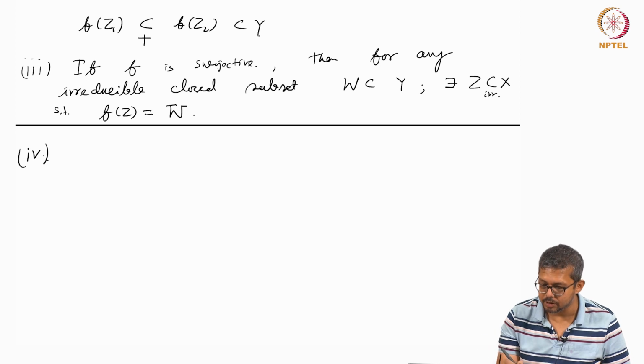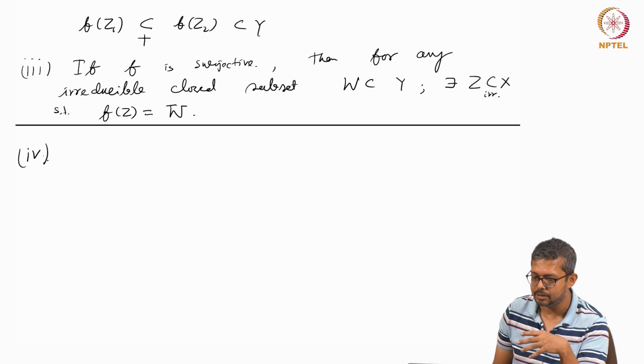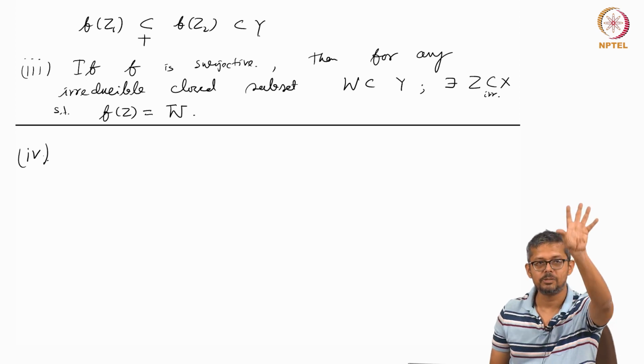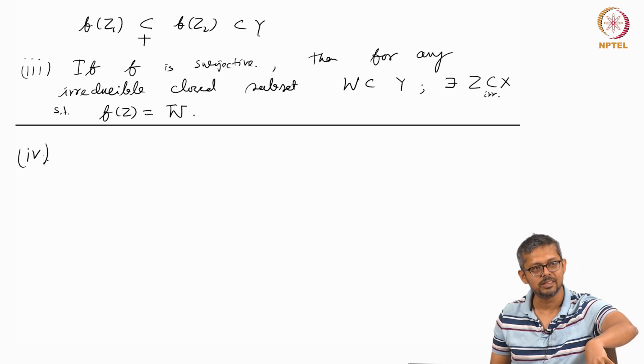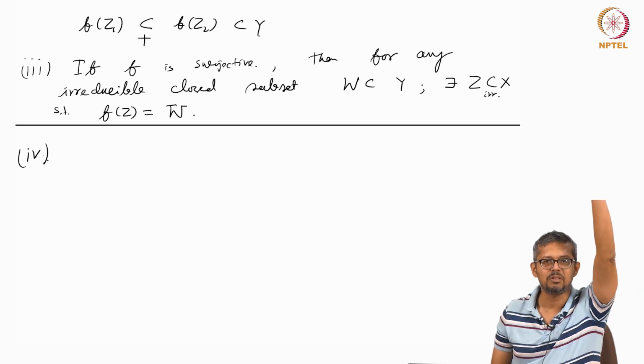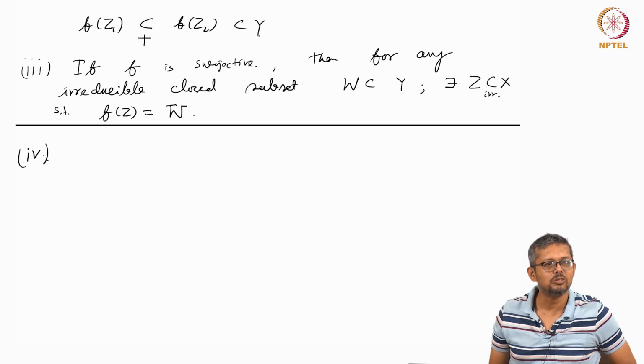It is similar to this. Here, this is not only surjective: all closed subsets upstairs go to closed subsets downstairs, and what this is saying is that closed subsets downstairs are actually coming from closed subsets upstairs.